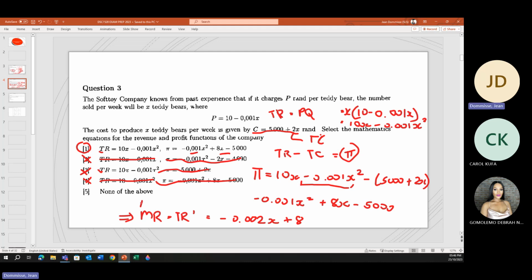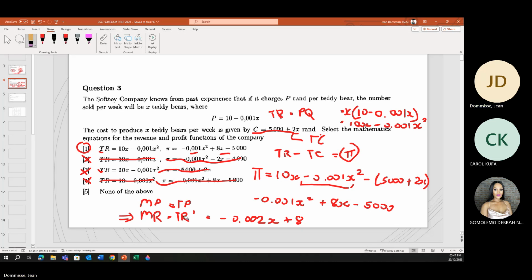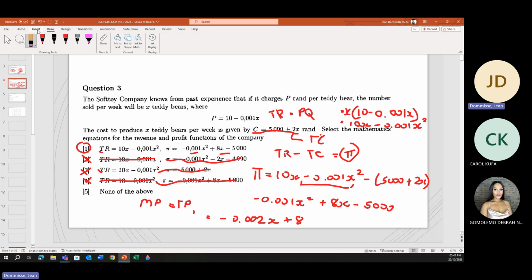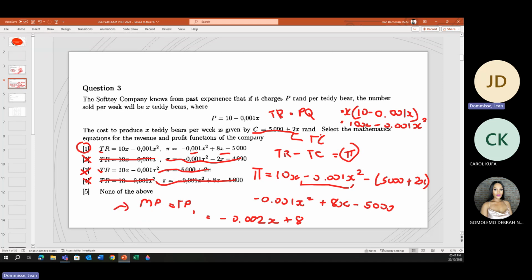So sorry, marginal profit from total profit. Thank you for that one. Perfect. Thank you for correcting me there. So marginal profit we get from total profit, which was that.